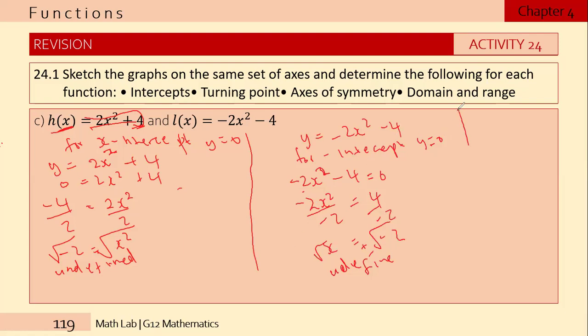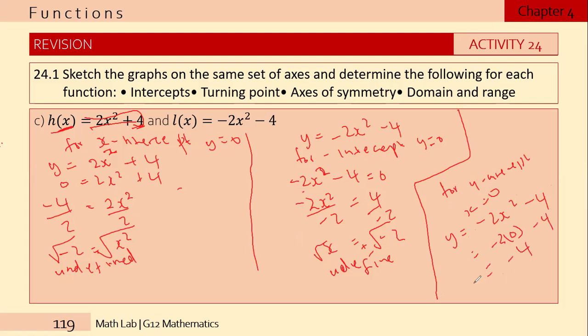So they only have the y-intercept. For the y-intercept, x equals 0. So y equals minus 2x squared minus 4, which is minus 2 into 0, minus 4. So the answer is minus 4. How do we write it as a coordinate?